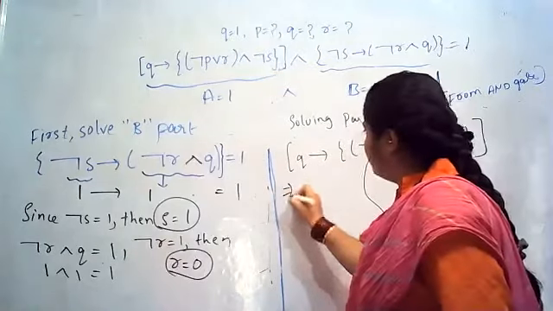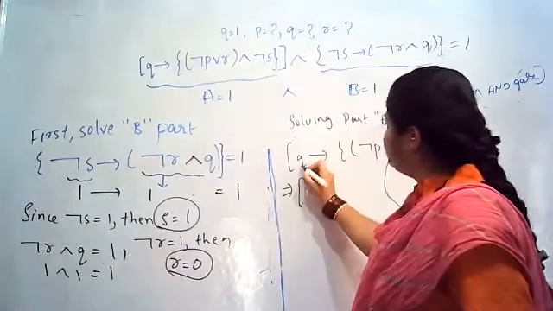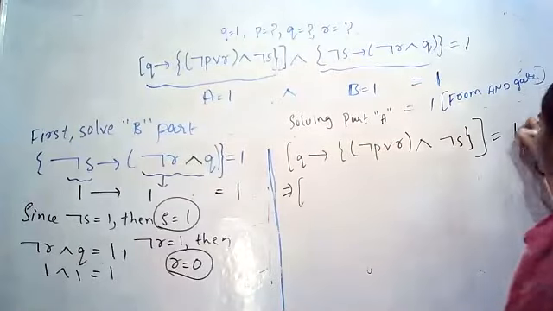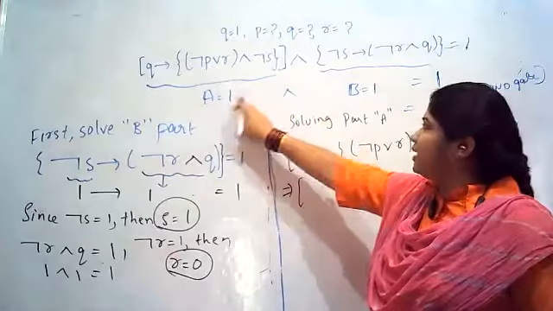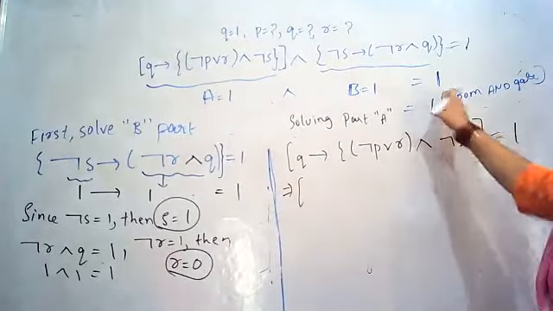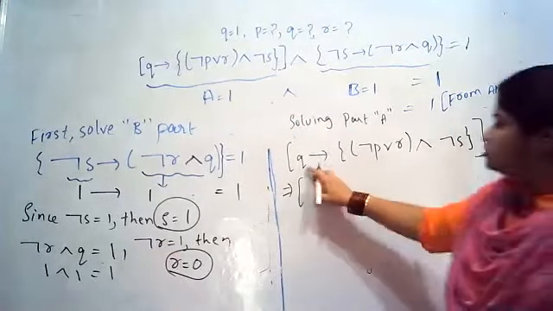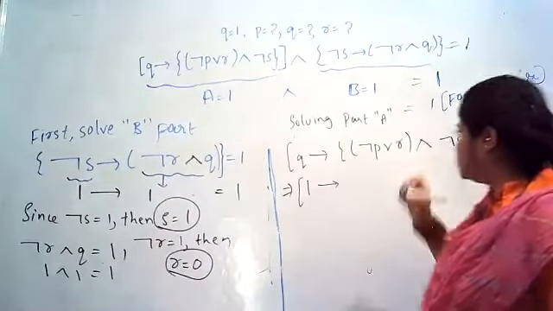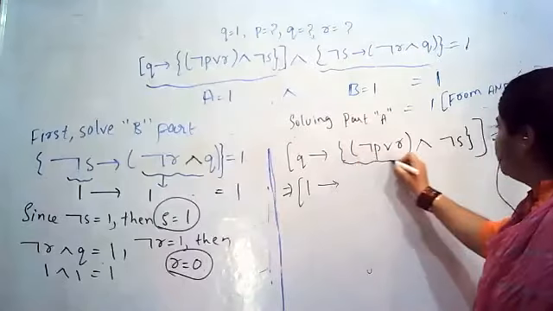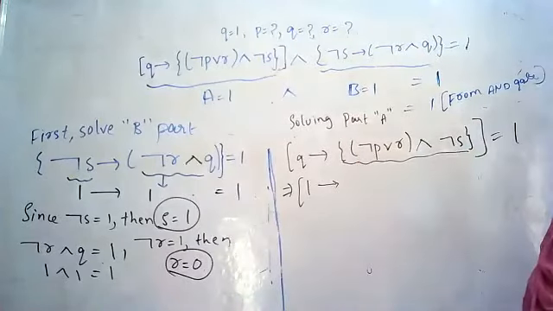So this should be equal to 1 because, as I told, this is 1, conjunction 1 will be 1. So this is equal to 1. What is Q from our question? It is constant, 1. This complete part, we don't know what it is.